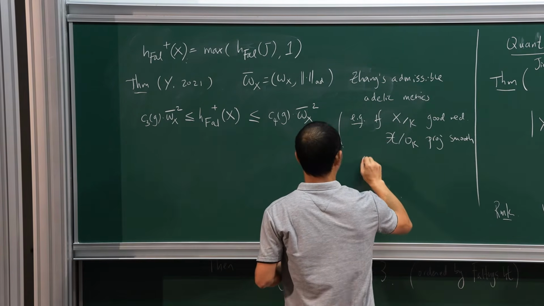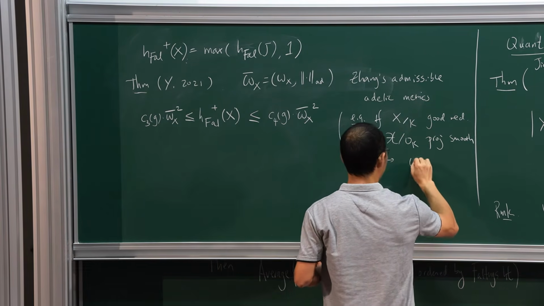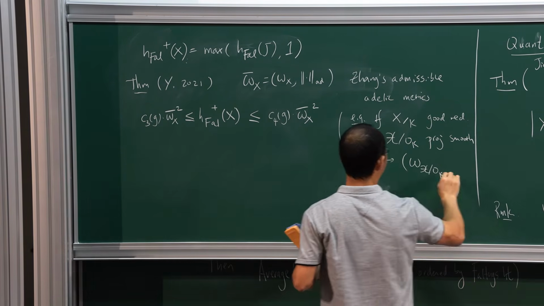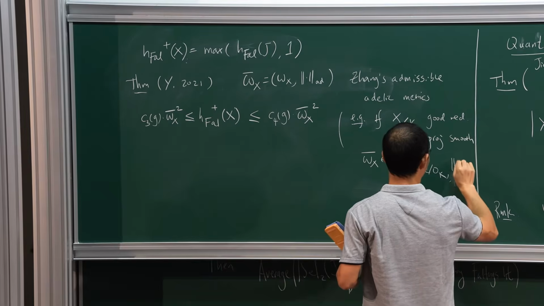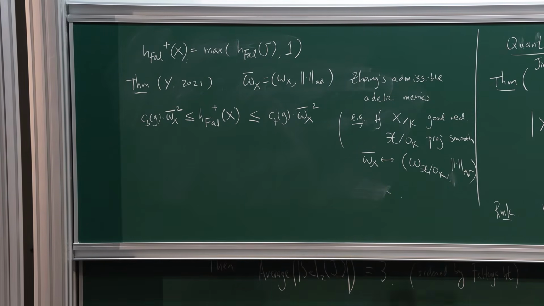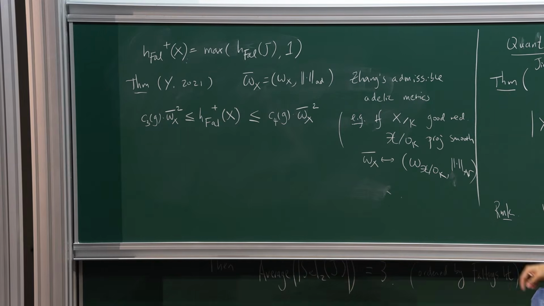Then this omega x is equivalent to the usual omega x over O_K with the Arakelov metric at infinity. When we have bad reduction, Zhang defined metrics at non-Archimedean places analogous to the Arakelov metric.